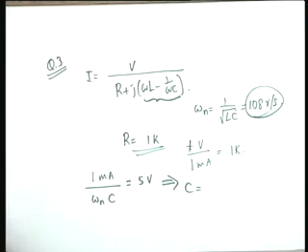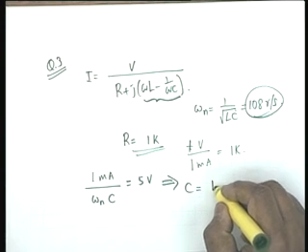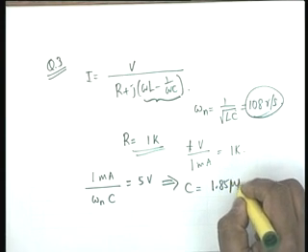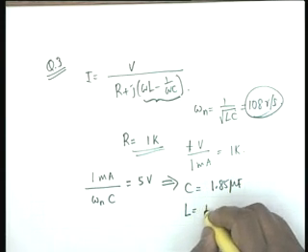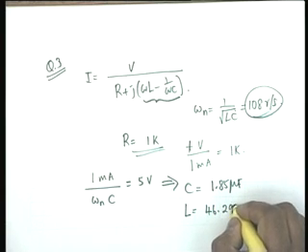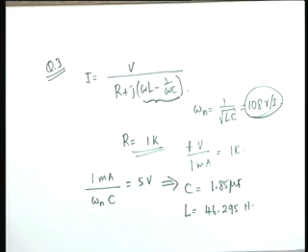My calculation gives C as 1.85 microfarad and L as 46.295 Henry. I hope I am correct. So, I found out all the parameters of this single tuned circuit.